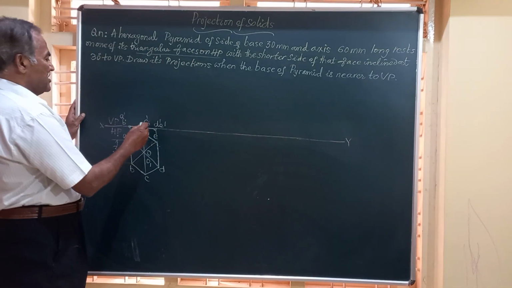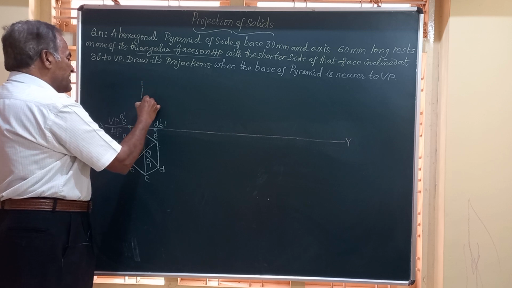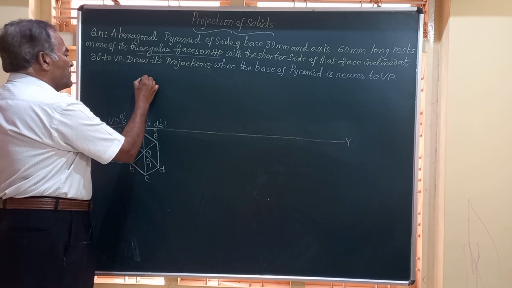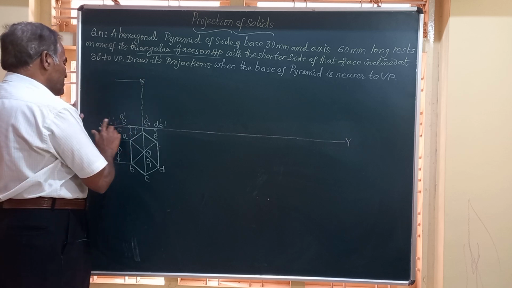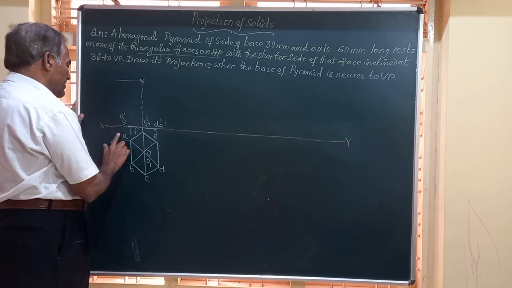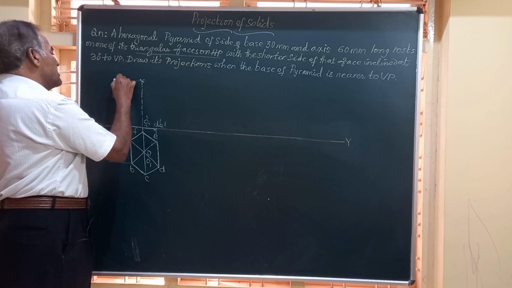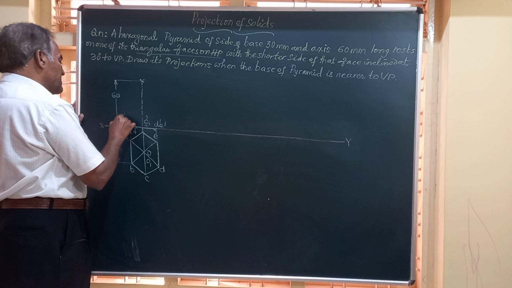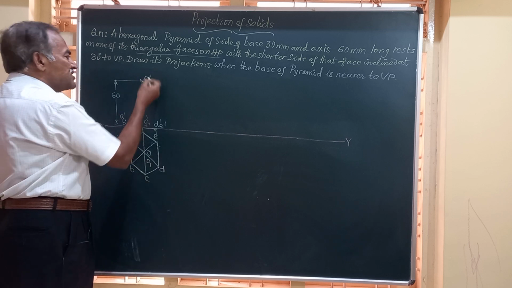Now we know the height. From the center, I draw a vertical line of height equal to 60 mm. That is the height of the solid, or the length of the axis of the solid. Let us join all these to O dash, the vertex.